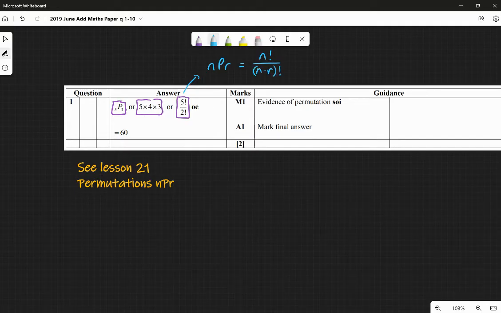So here it will be 5 factorial, because I'm doing 5P3, 5 factorial over 5 minus 3, which is 2 factorial. So this bit here is just using the calculation for nPr. But I like the 5 times 4 times 3 way of doing this, the simplest way of thinking about it. If you need more work on this, have a look at lesson 21 on my channel about permutations.